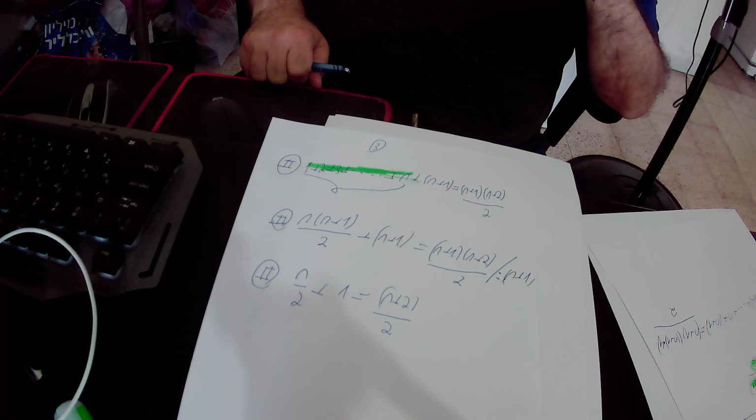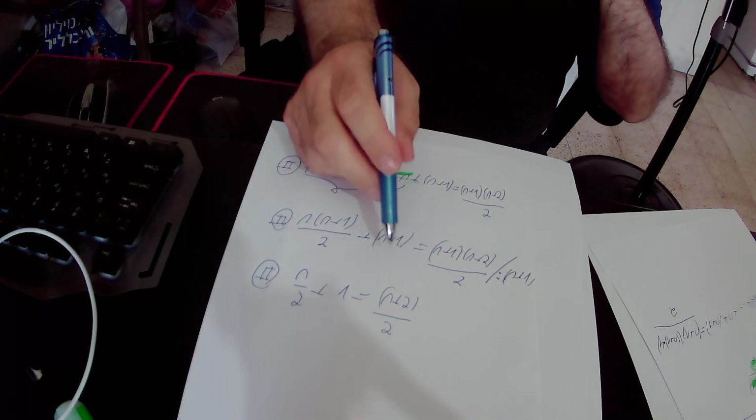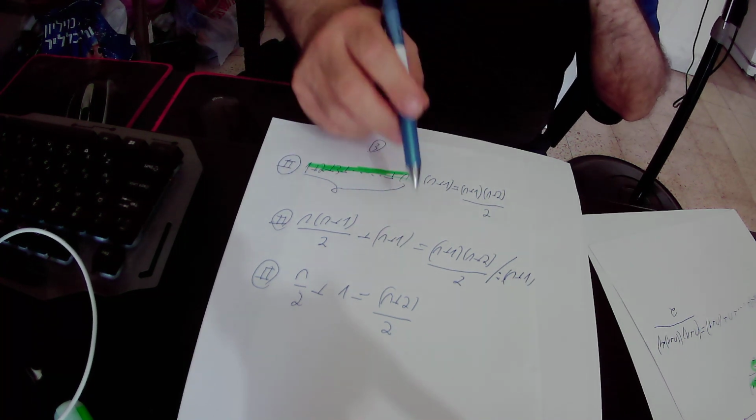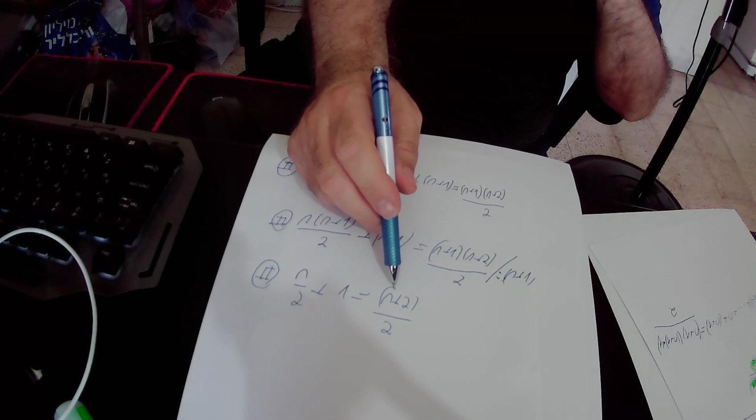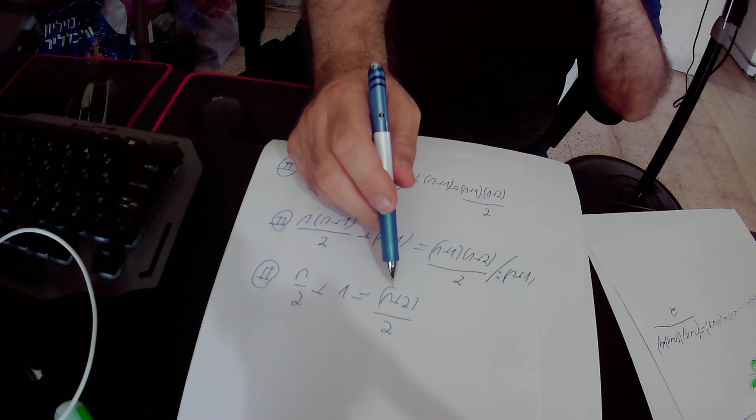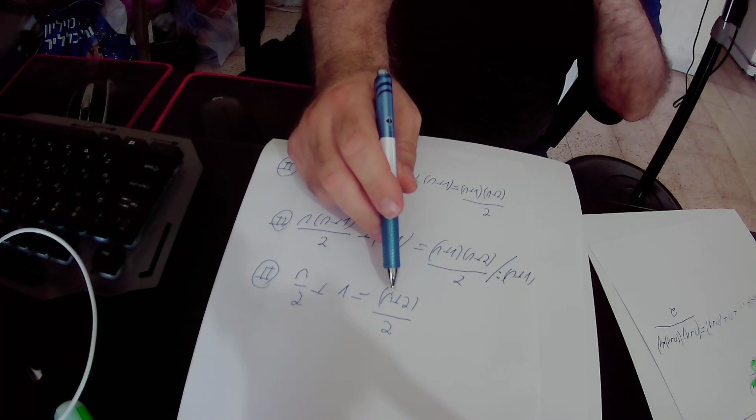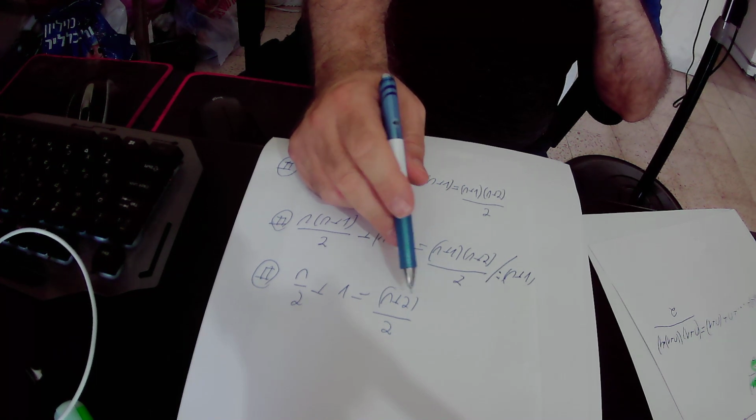So we can actually separate this expression into two parts. It will be n divided by 2 plus 2 divided by 2.